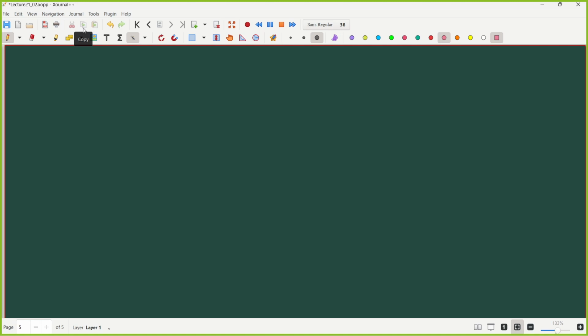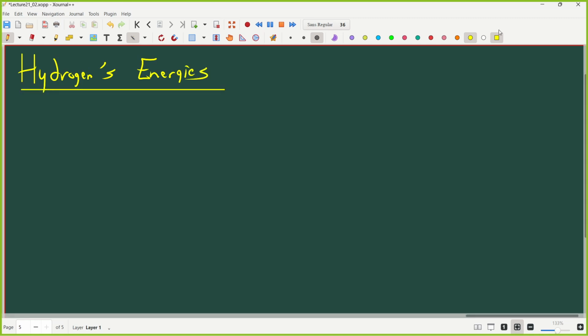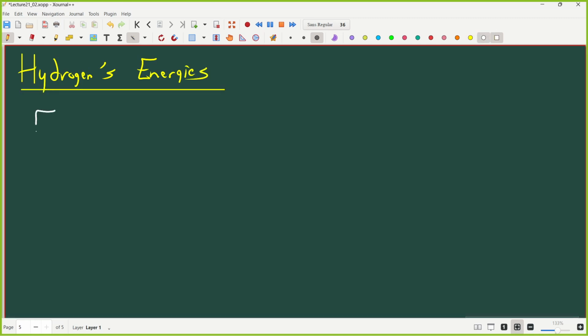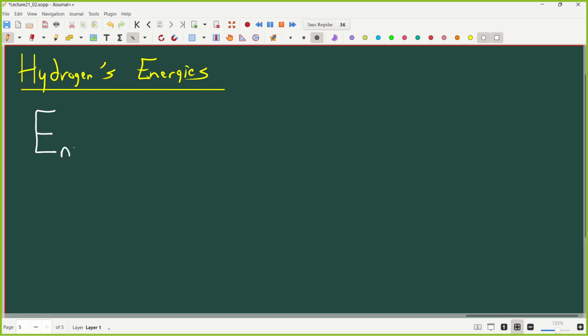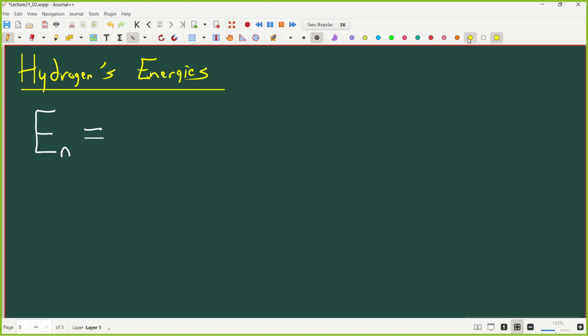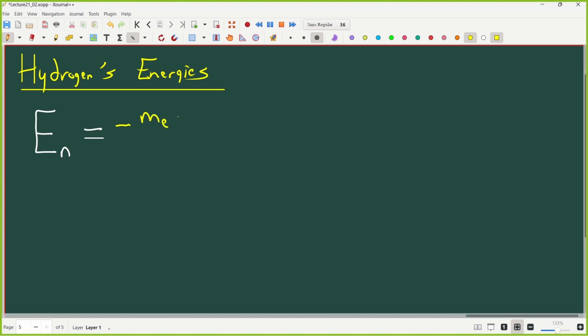And so when you solve the Schrodinger equation for the hydrogen atom, well, these are the hydrogenic energies, the allowed energies of the hydrogen atom. I'm going to write this a couple of different ways. But you get this really amazing equation. I think it's kind of cool.